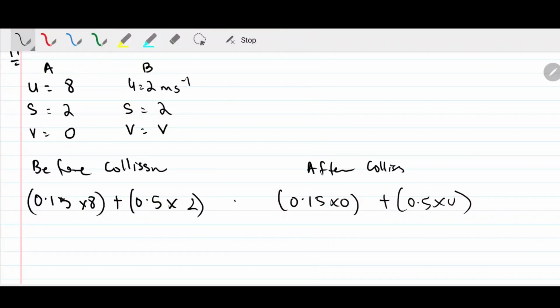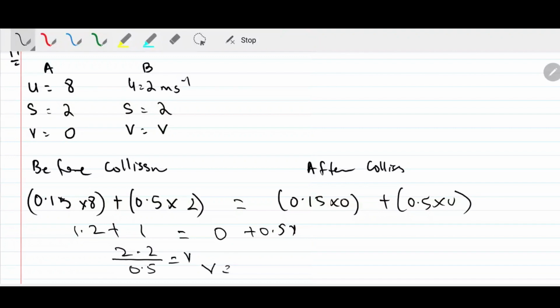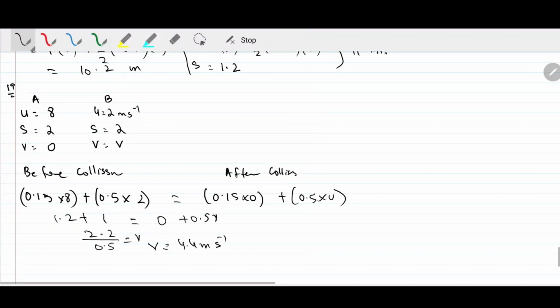So this turns out to be 0.15 into 8, that is 1.2, plus 1 is 0 plus 0.5 V. 2.2 divided by 0.5 is V. V is equal to 2.2 divided by 0.5, that is 4.4 meters per second. So this is the velocity of B after the collision.